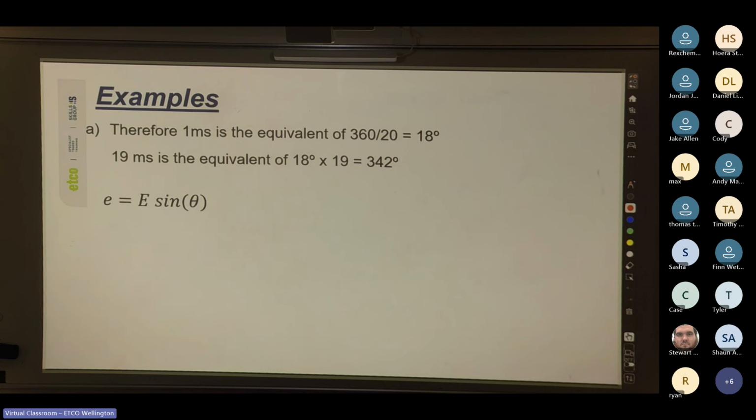Cool, so we know E is equal to E sine theta. Our maximum voltage is 339.411. What is our voltage?